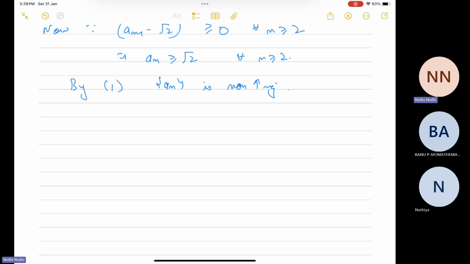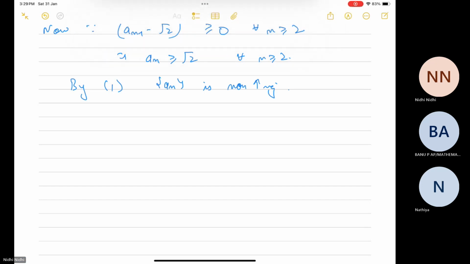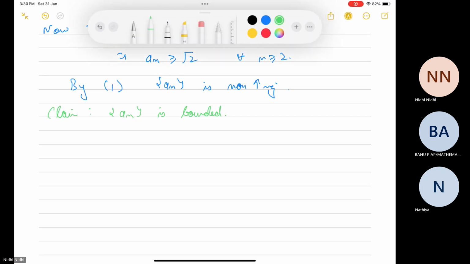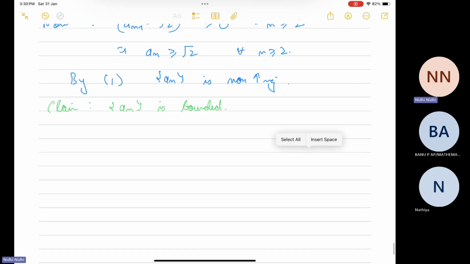Next we need to see whether the sequence is bounded or not. For that, next we claim that the sequence an is bounded. Now since we are given that our sequence is non-increasing, that means basically decreasing.